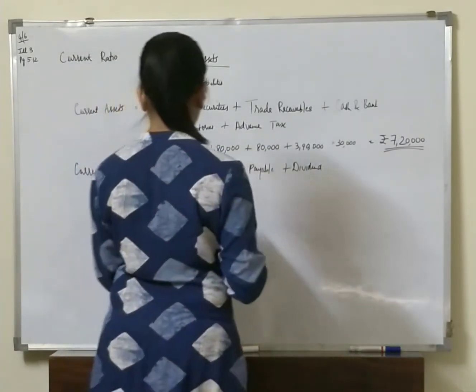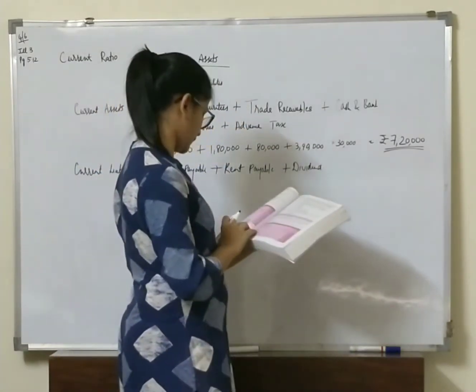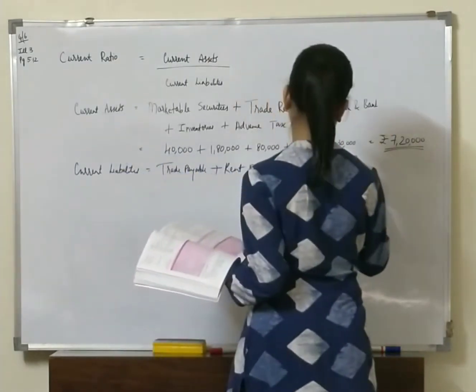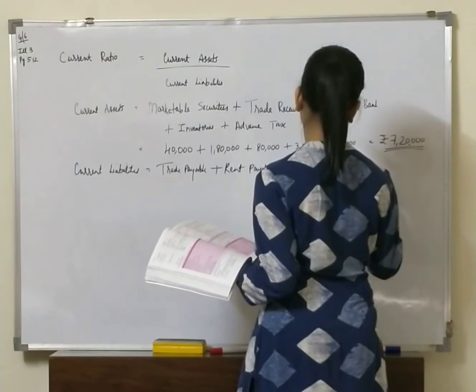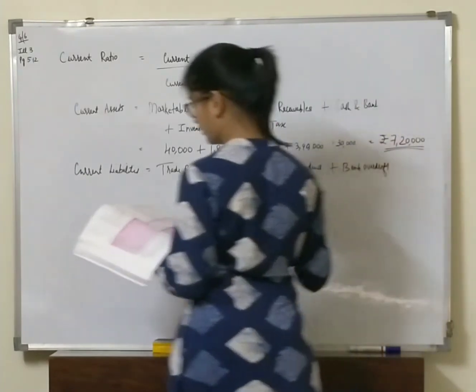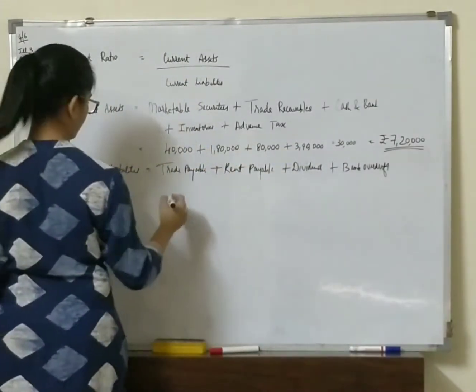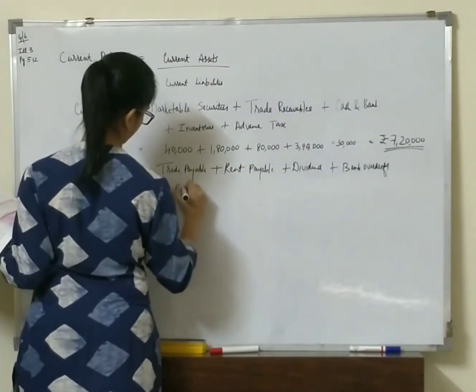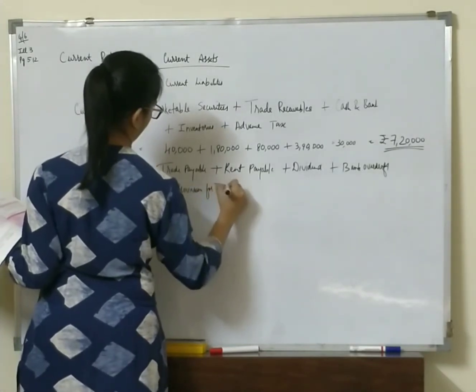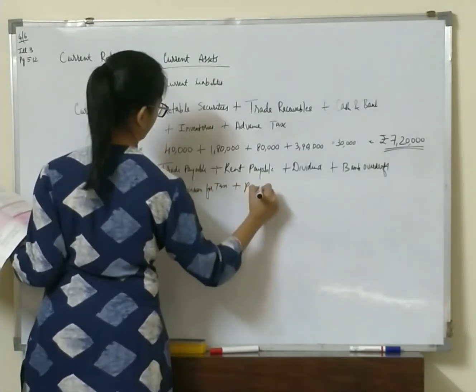Long-term borrowings, no, we don't have long-term borrowings in the current liabilities. Short-term borrowings, yes, that is bank overdraft. Then what do we have? Provision for taxation. And then we have the last one, proposed dividend.